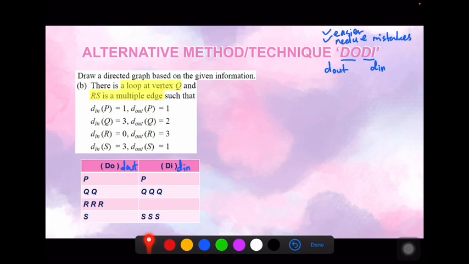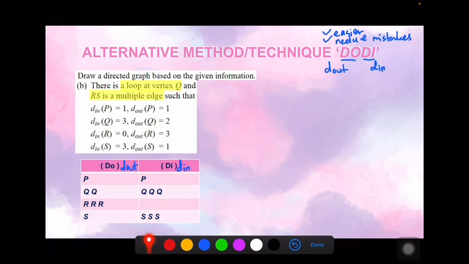Next, we have D in Q, 3. So at the column D in, write letter Q three times. Next, we have D out Q, 2. So write letter Q twice at the column D out.